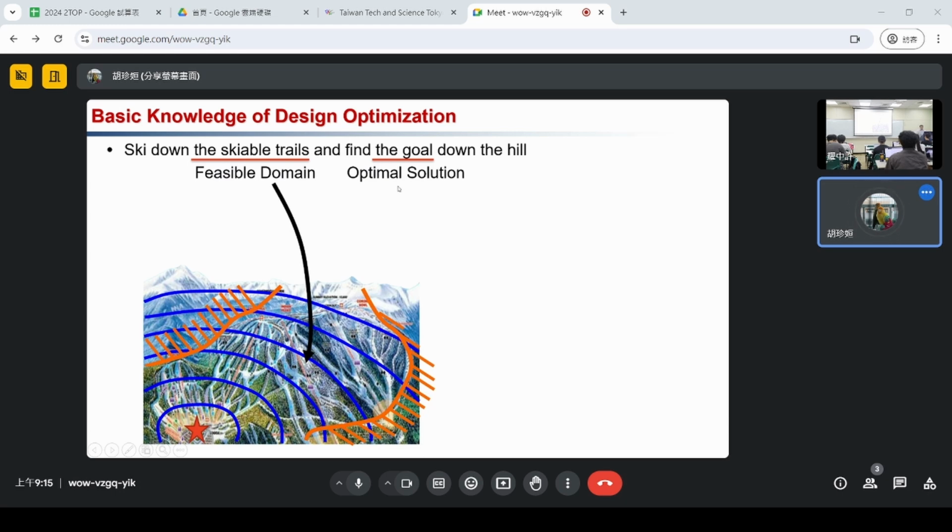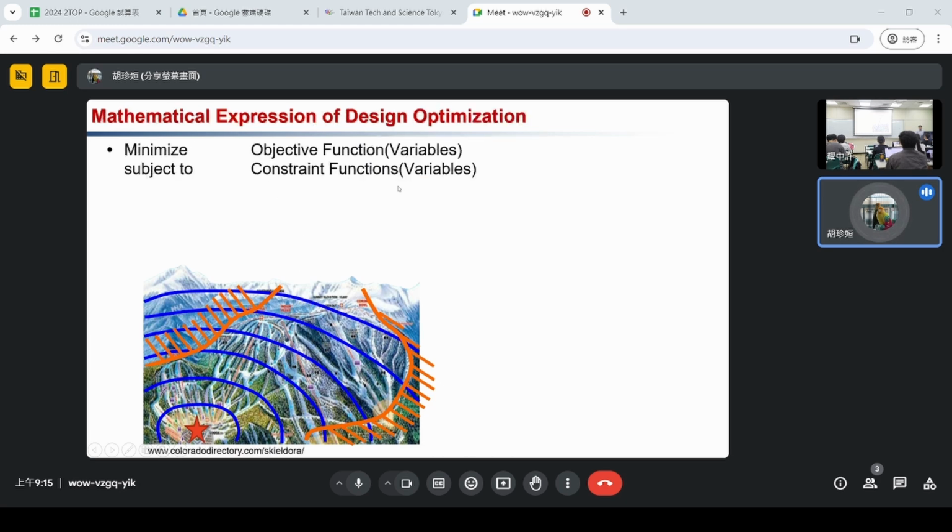Feasible means something that's acceptable. Stay at the acceptable lanes or trails. Do not ski into the rocks or the woods. Okay, so the process of doing optimization usually can be expressed like this.